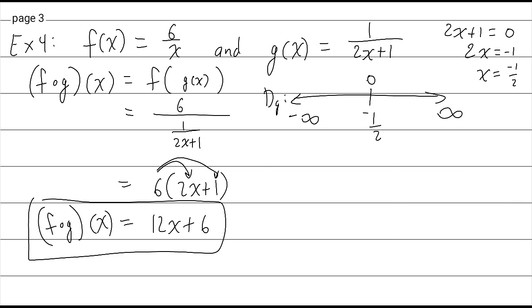So that breaks my domain into two pieces. Two pieces. The first one being negative infinity to negative 1/2. The second one being negative 1/2 to infinity. Now for the domain of the new function, I steal the old domain, right? The domain of that inside function from earlier.